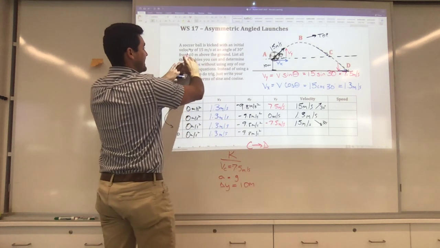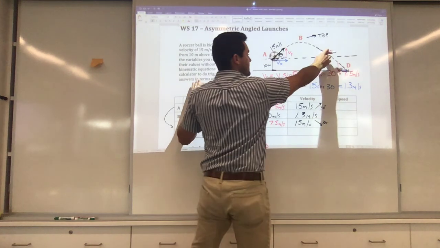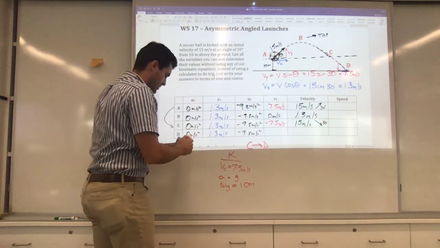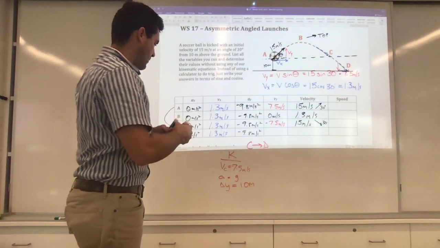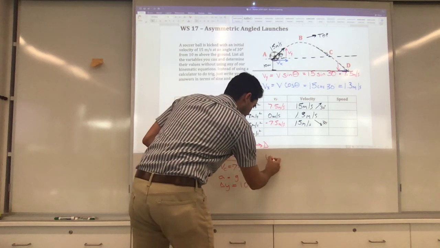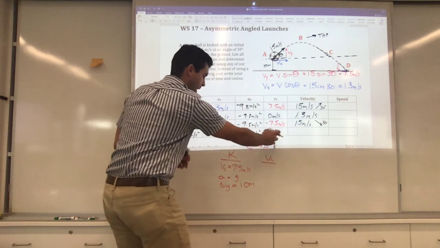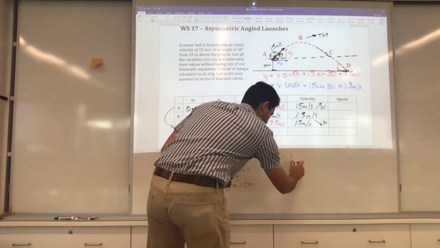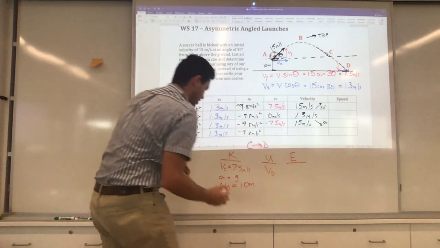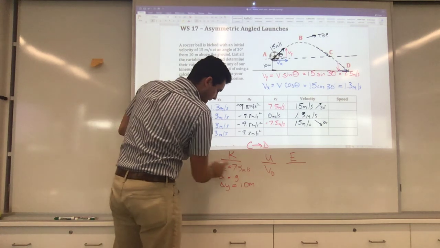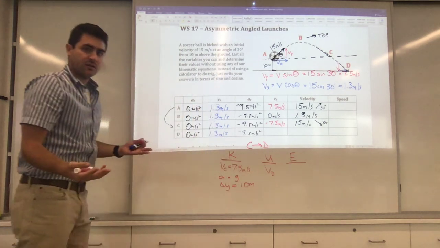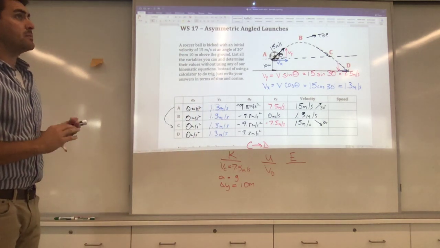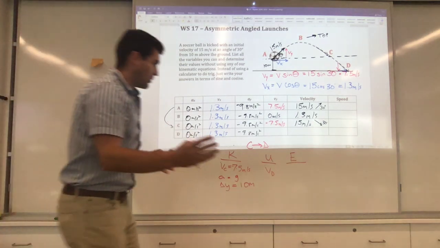Remember, the ball was kicked 10 meters above the ground, while from C to D, it's a difference of 10 meters. What am I looking for? What are my unknowns? The only unknown that I have is my velocity at point D. I wonder if there's an equation that relates velocities and position. Velocities and position. Well, there totally is.